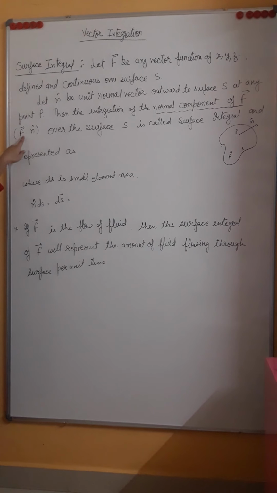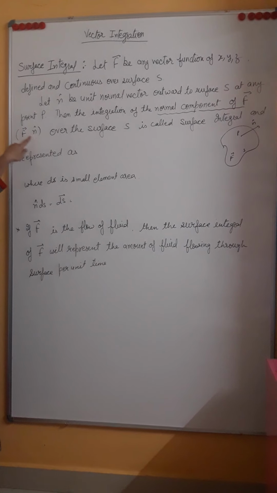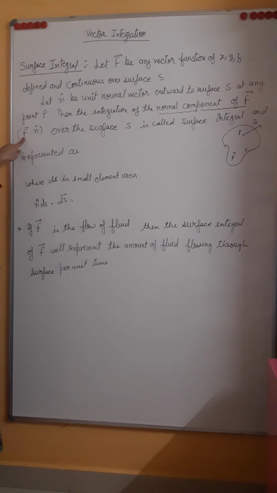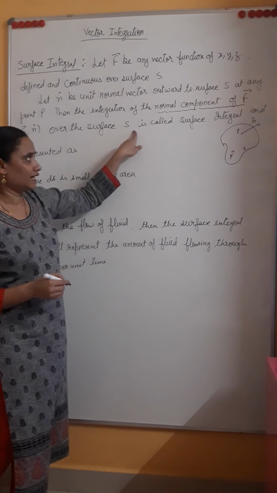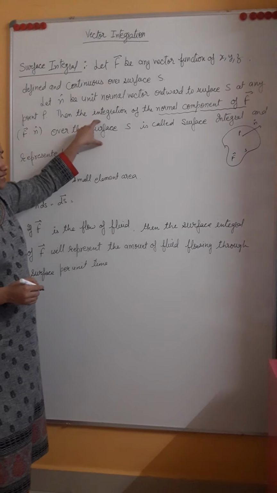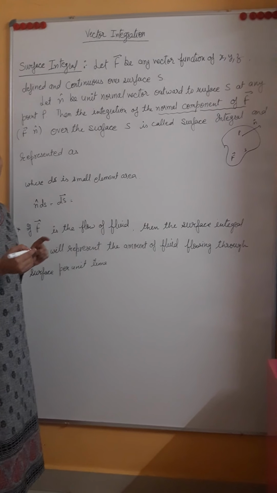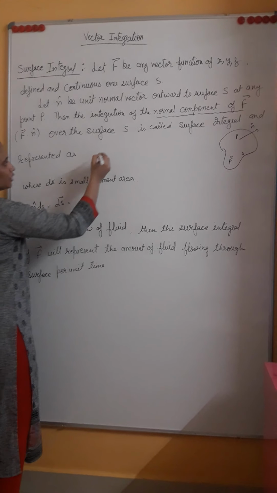So this is the normal component of f, or I can say the component of f in the normal direction, over the surface S. If I take the integration of this component over the surface S, that is called surface integration. And how can I represent it?